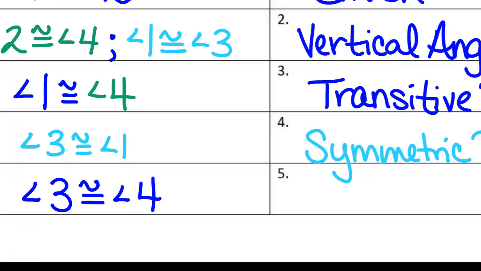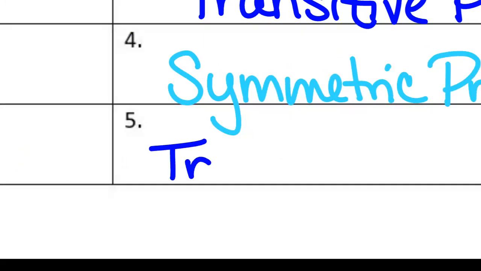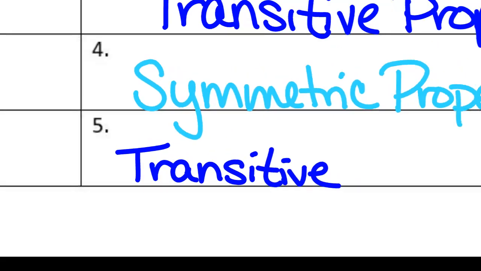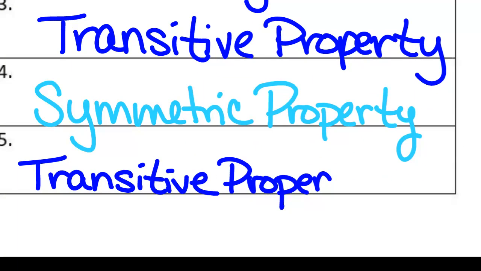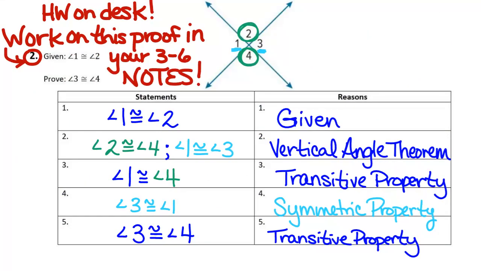Transitive property. Vertical angle theorem tells me that angles are congruent. All right, let's go ahead and flip this over and do another proof.